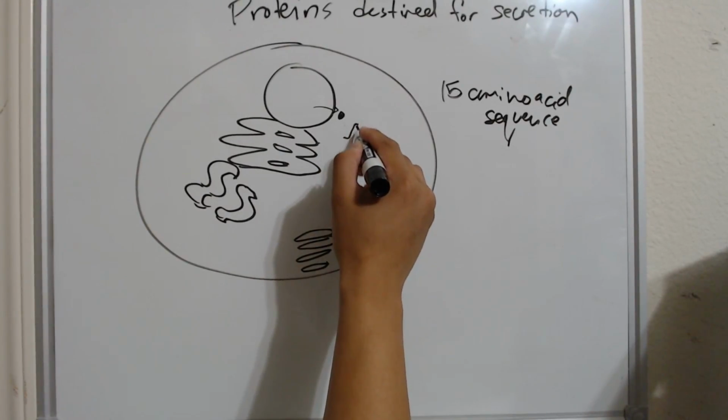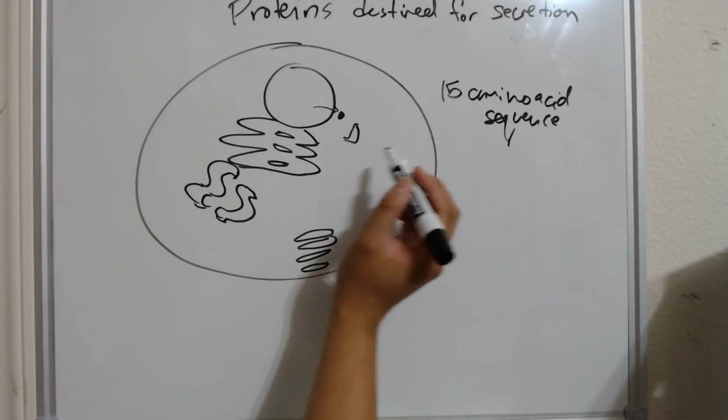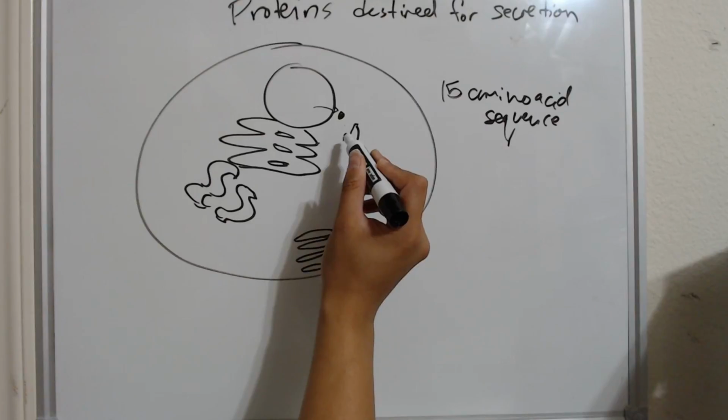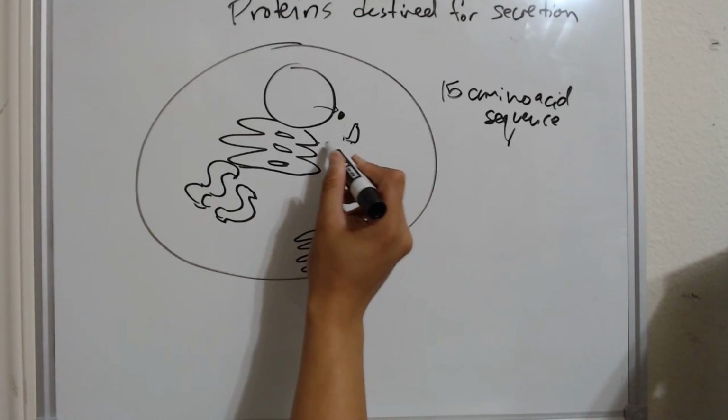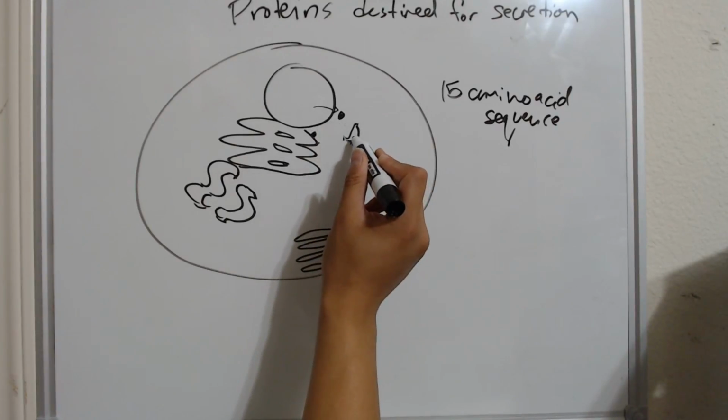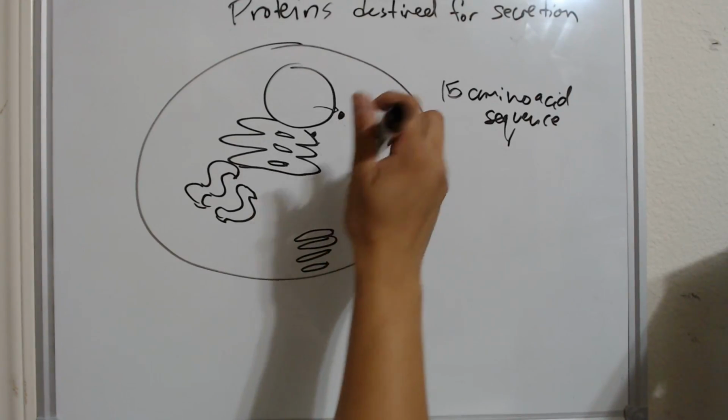That protein has a recognition sequence on it to be able to mount on a receptor on the rough endoplasmic reticulum. So let's say it looks like this.